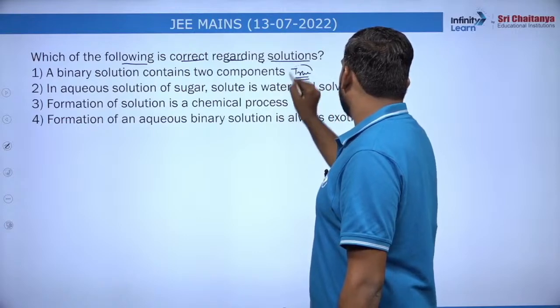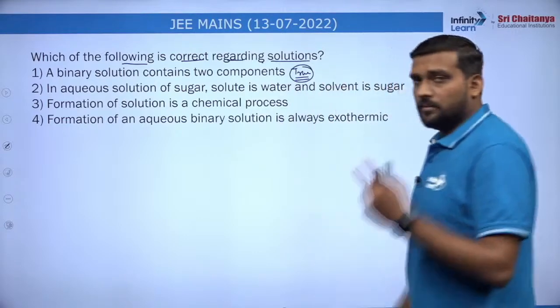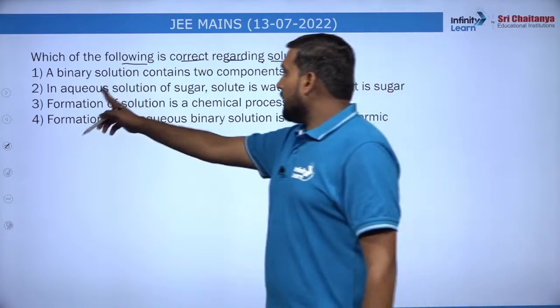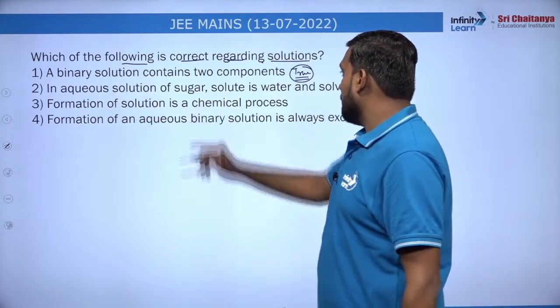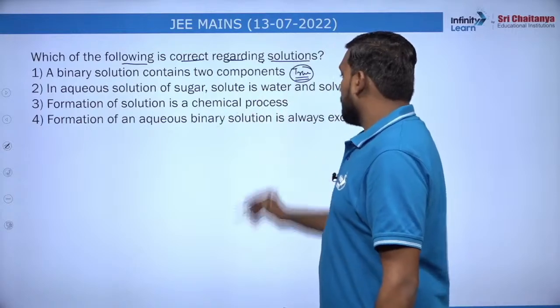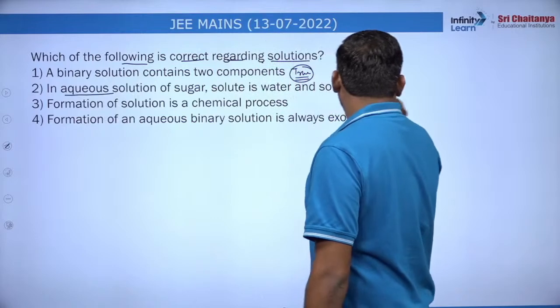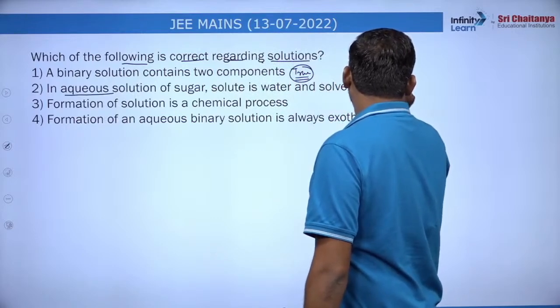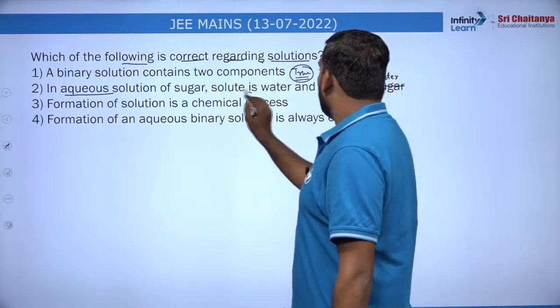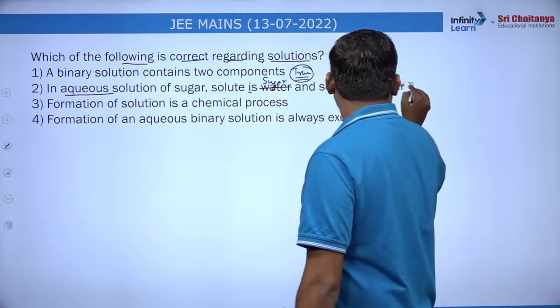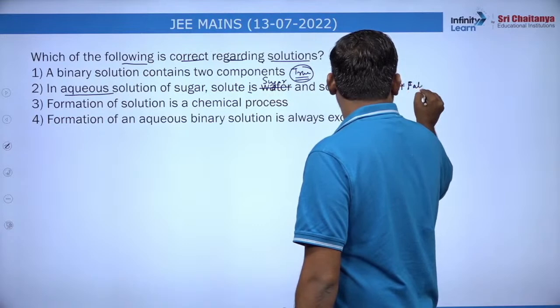The binary solution contains 2 components, one of them is the solute, another one is the solvent. In an aqueous solution of sugar, the solute is water? No, if it's an aqueous solution, the solvent should be water and the solute should be the sugar. So statement 2 is incorrect, it is false.